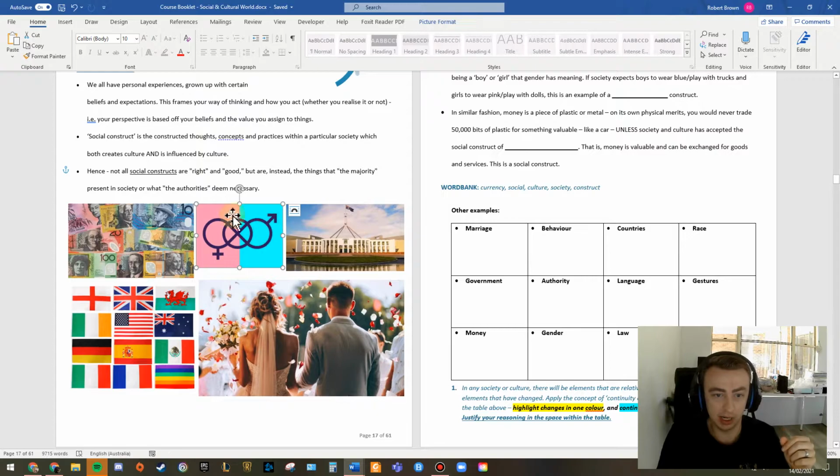For example, if we go back to gender, our understanding of this social construct today is very different to what it was 200 years ago. 200 years ago, it would have been considered right and good to have those traditional stereotypes, whereas in contemporary society we've reversed that, and our social constructionism and belief is that it is now wrong, and that we go by a different way. And that's because values and culture change over time.